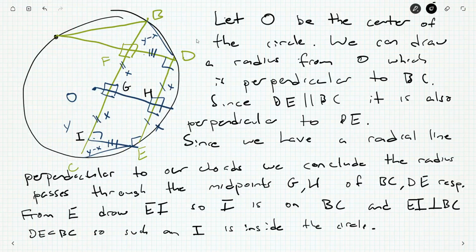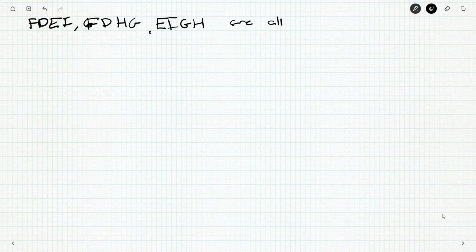Okay, so I've got FDEI, and I've got GH. So FDEI, FDHG, and EIGH are all rectangles.